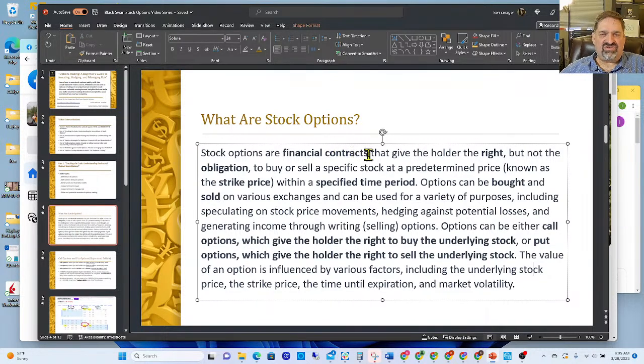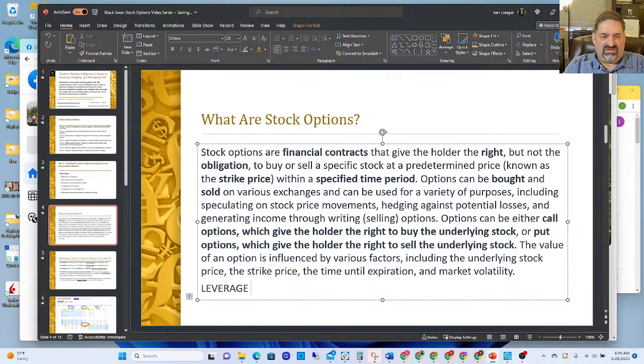And it's a financial contract. I mentioned before that it uses leverage, and it controls 100 shares of that stock. One contract controls 100 shares.